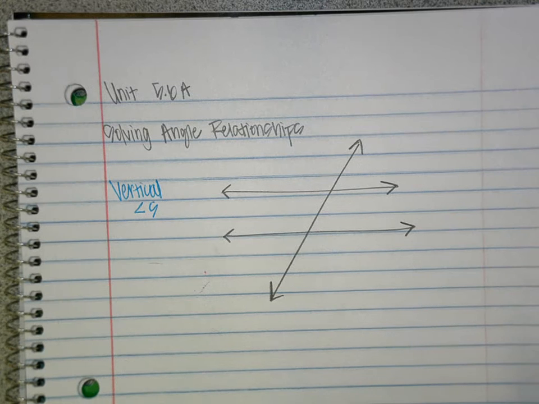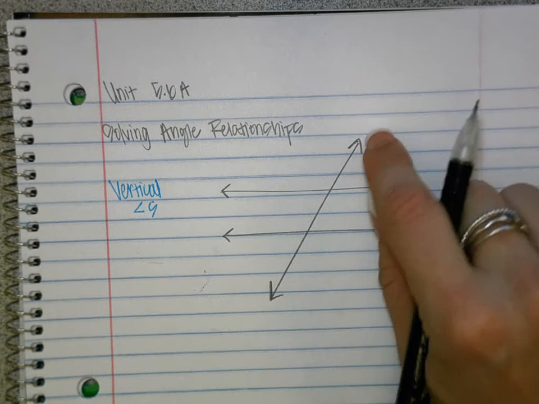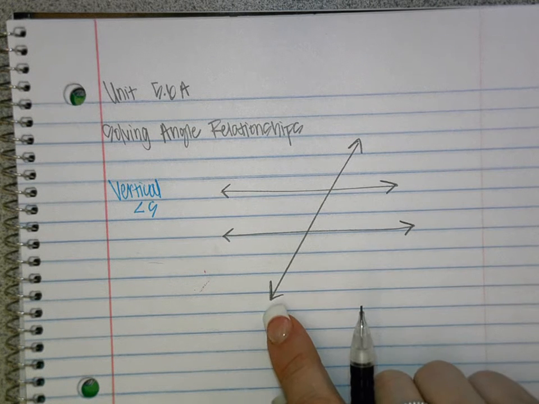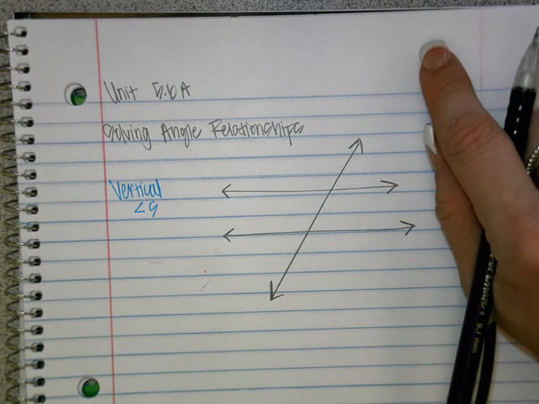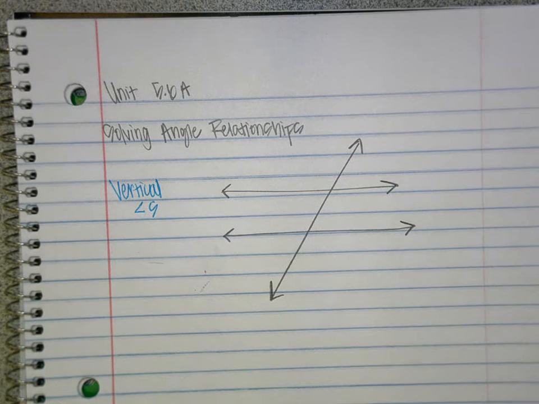All the angle relationships we'll talk about are when you have two parallel lines and then one transversal. A transversal means it's going through the two. It's not parallel, it's not perpendicular, it's just a random line going through the two.